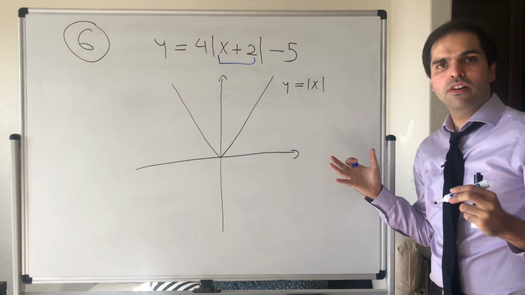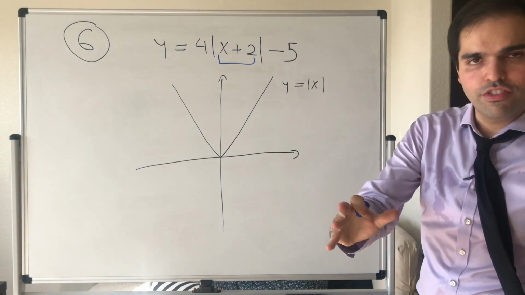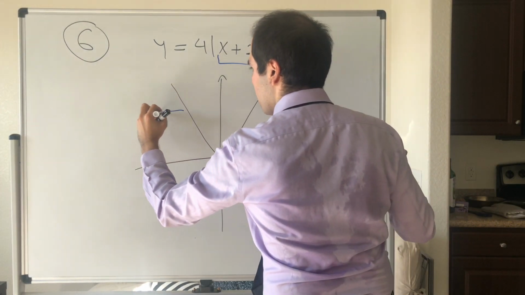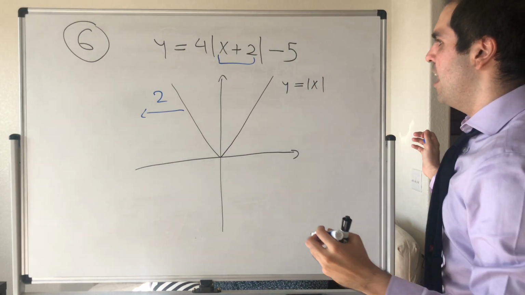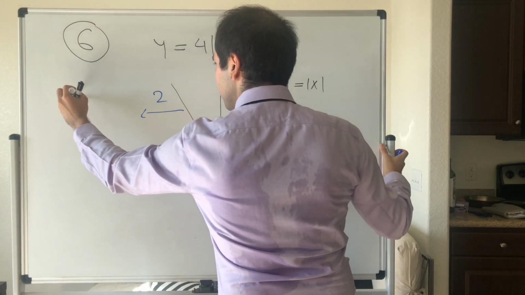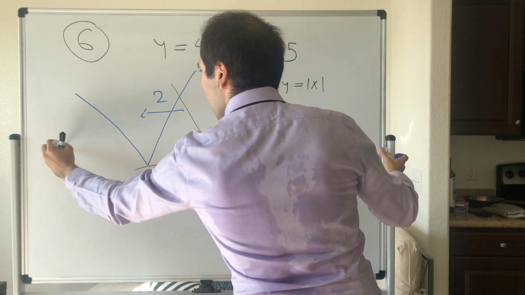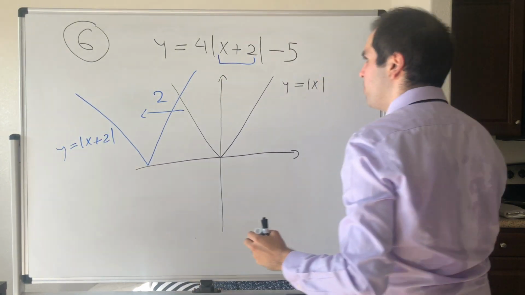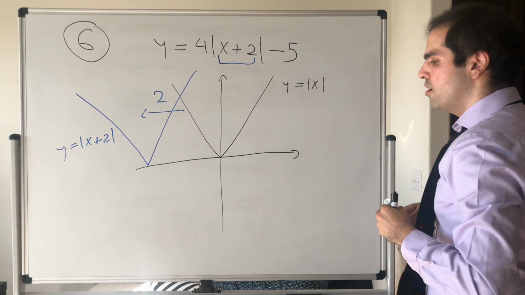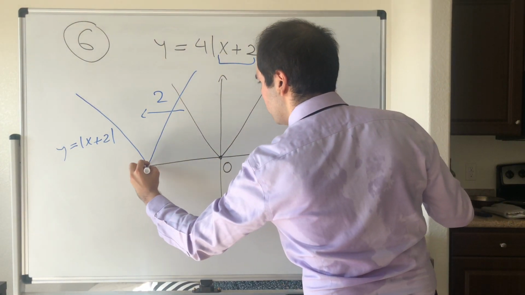Again, x plus 2, I'm giving you extra time, so you shift it to the left. It's kind of going to the past. So you shift it to the left by 2 units to get something like that, to get y equals absolute value of x plus 2. And again, in particular, the vertex 0 here becomes minus 2.